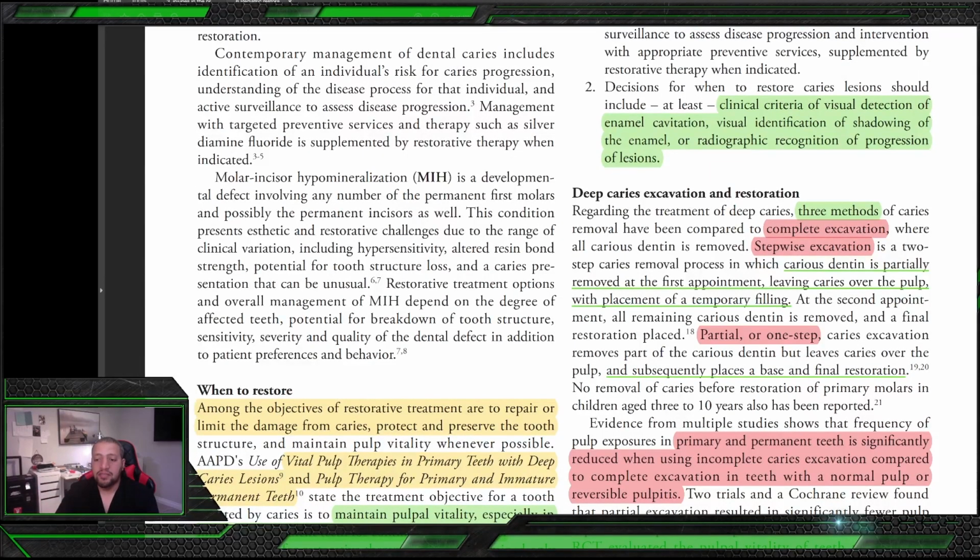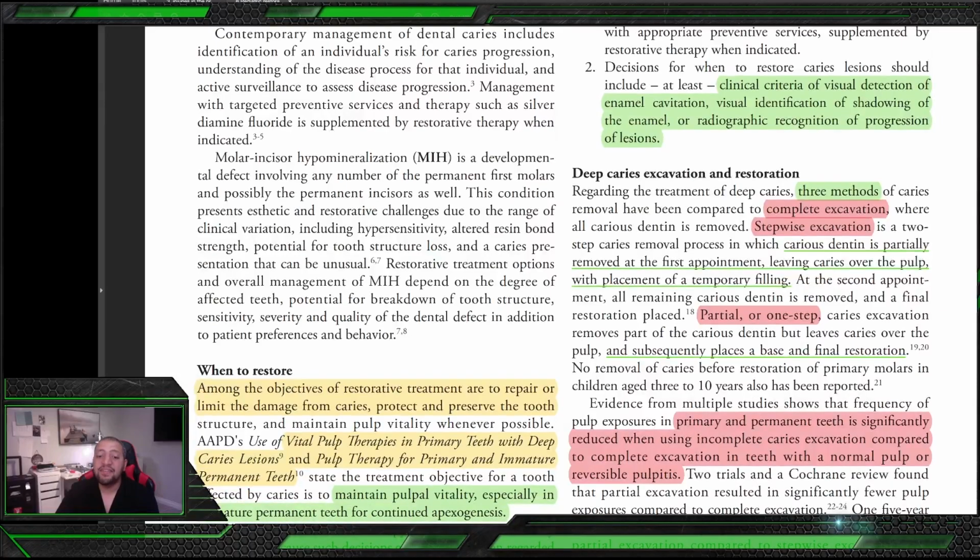Evidence from multiple studies showed that the frequency of pulp exposure in primary and permanent teeth is significantly reduced when using incomplete caries excavation compared to complete excavation in teeth with a normal pulp or reversible pulpitis. Meaning, here, it's very important information and you should pay attention.